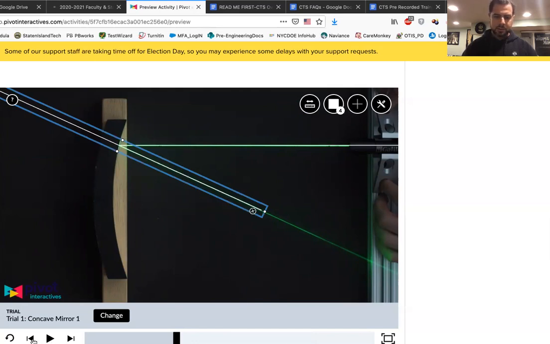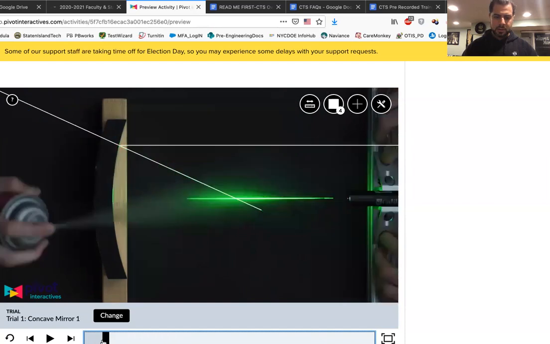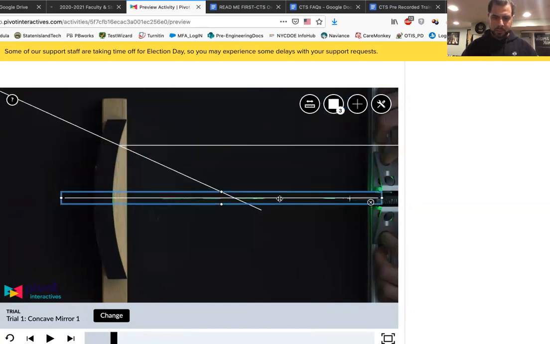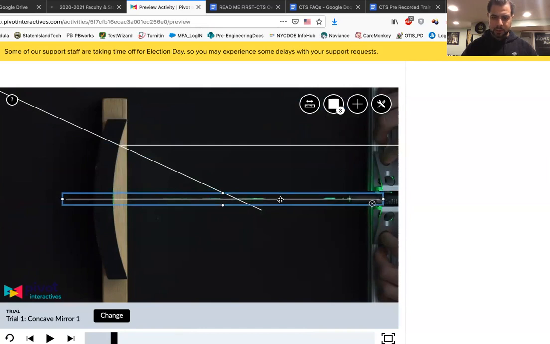If it is focused directly at the center of curvature, you see how it bounces straight back. So we'll leave one line going straight back upon itself, bouncing right back upon itself from the laser.